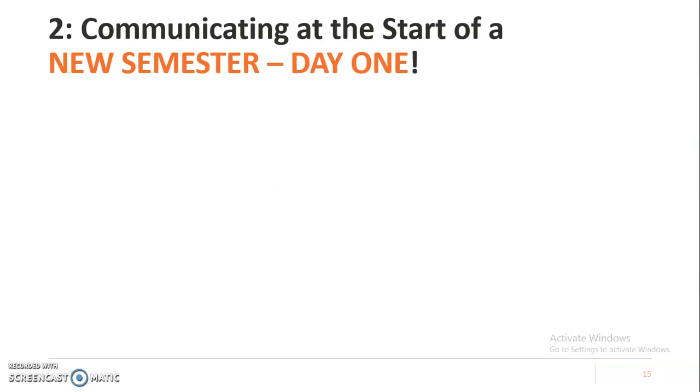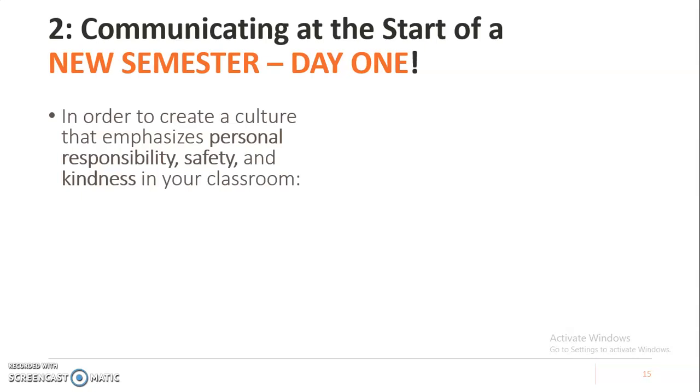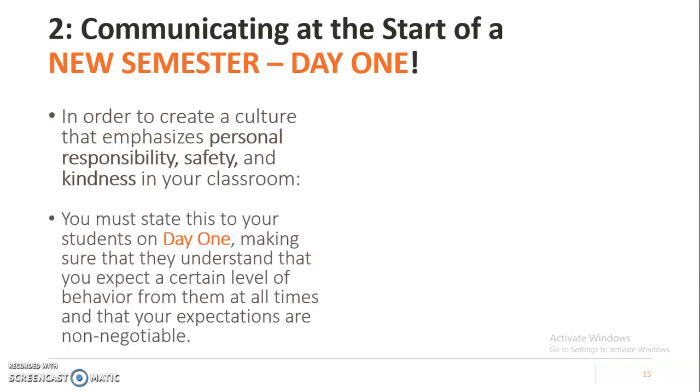Secondly, you may communicate at the start of a new semester, or day one. Even if you haven't done it at the beginning of a year, it's better to revise it in a new semester. In order to create a culture that emphasizes personal responsibility, safety, and kindness in your classroom, you must state this to your students on day one, making sure they understand that you expect a certain level of behavior from them at all times, and that your expectations are non-negotiable.